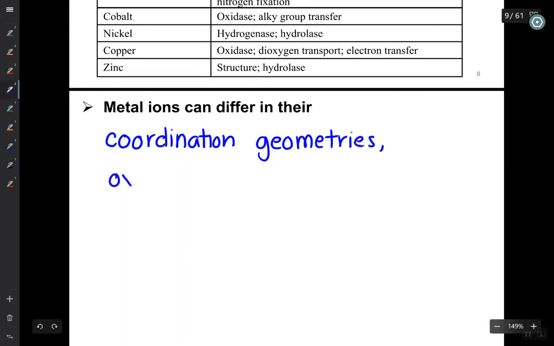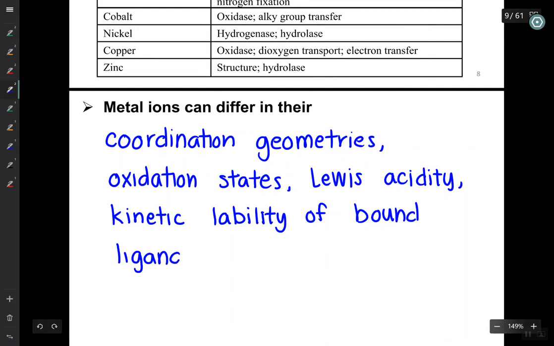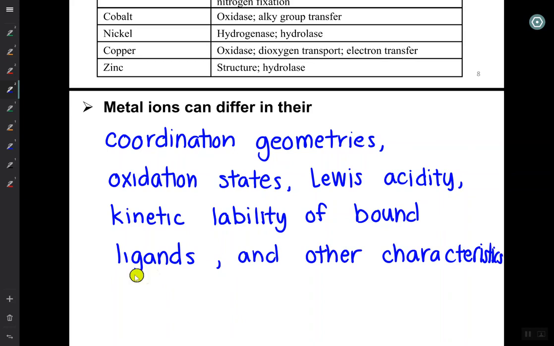They have different oxidation states, Lewis acidity, kinetic lability of bound ligands, which basically just means how easily the ligand comes off and on to the metal, so the exchange rate, and other characteristics. Okay, so compared to organic elements like carbon, because metals have such different properties, they can be taken advantage of in biology for catalyzing biological reactions.